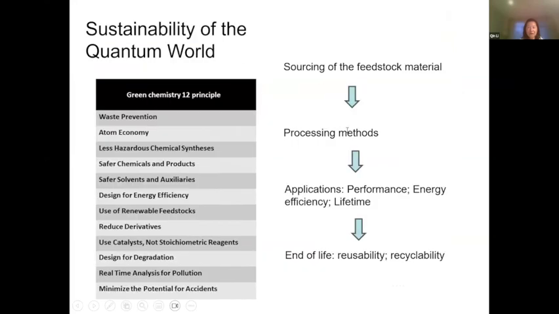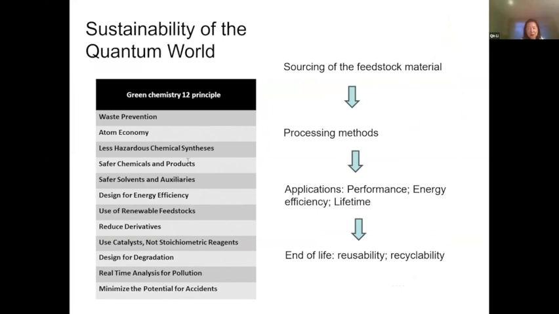Well, I already pointed out these heavy metal-containing quantum dots, and for the people sitting on this Zoom screen, immediately, it's not going to go very far. So we do need to look into sustainability and green chemistry.